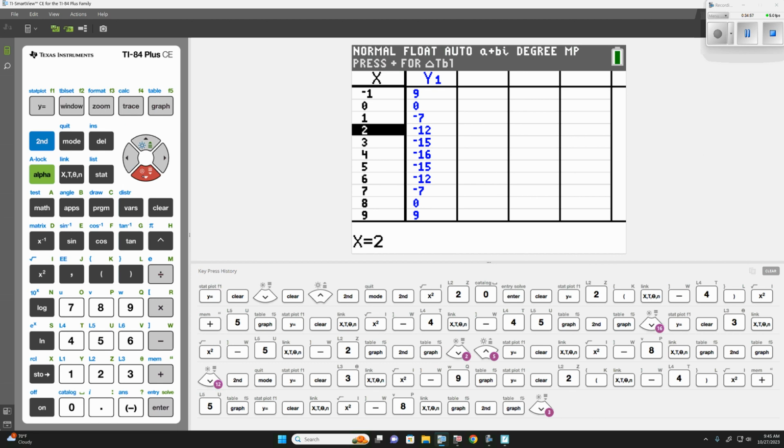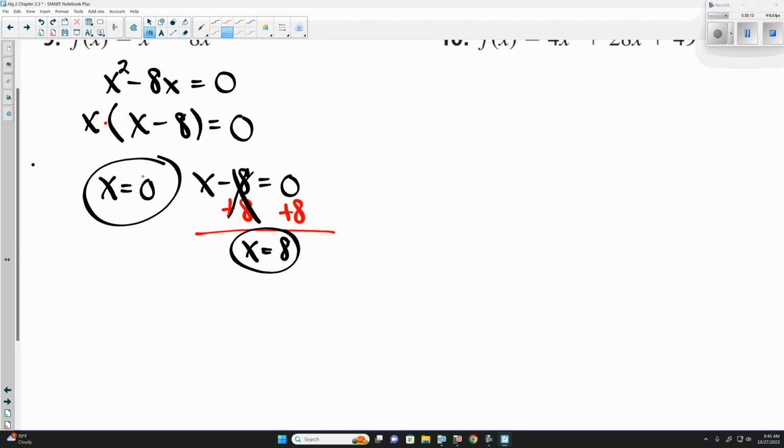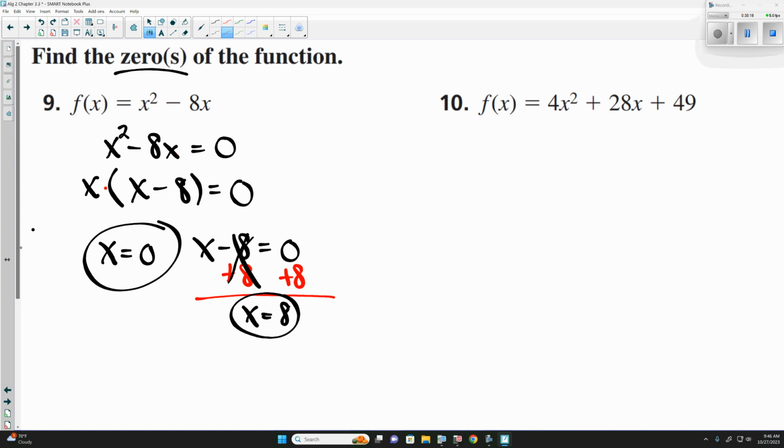Again, we're looking for what value of x will make the function equal 0. 8 and 0. This is the one time when x is 0, it does work because the y value is 0. So this one gave us the 2 either by factoring or graphing.